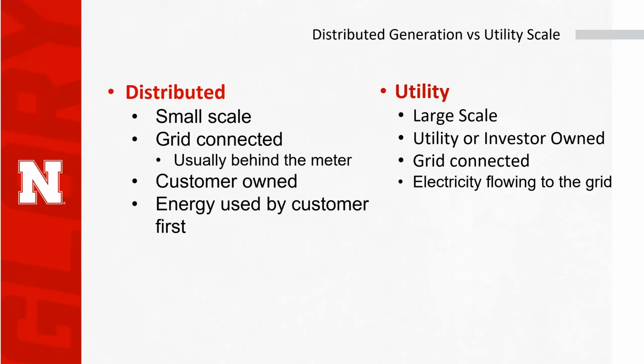Utility scale systems are great big systems, usually over multiple acres in size, owned by the utility or an investment company, are grid connected, and the electricity flows to the grid and is sold in mass to the grid and in wholesale. And so these are very, very different kind of animals when it comes to how we calculate economics and things like that.